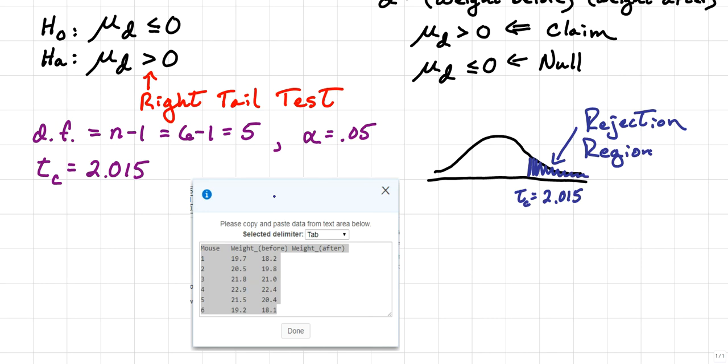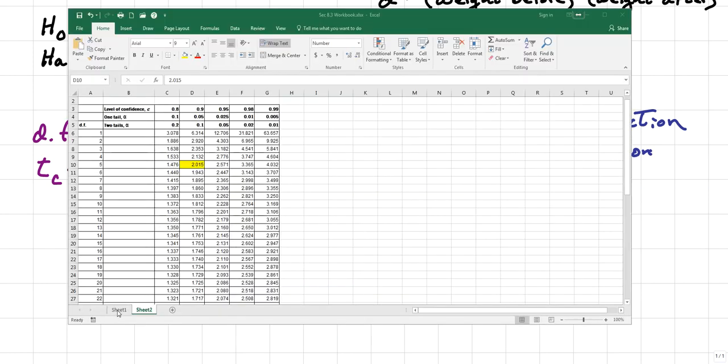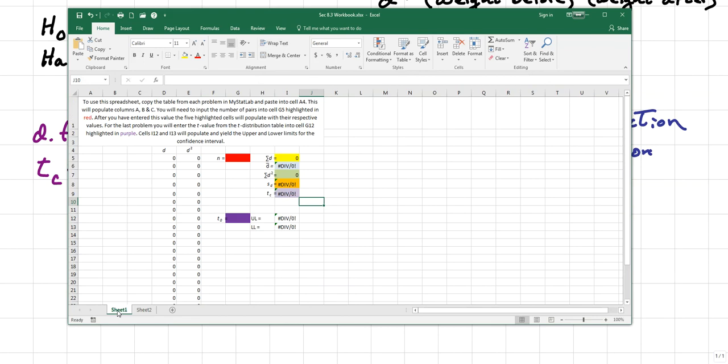So if I do a Control-C, that will copy my table to the clipboard, and then make sure that you're in sheet 1 of your spreadsheet, and you're going to left click in cell A4 and then Control-V, and you'll notice that it brings in all the values that were in the table originally.